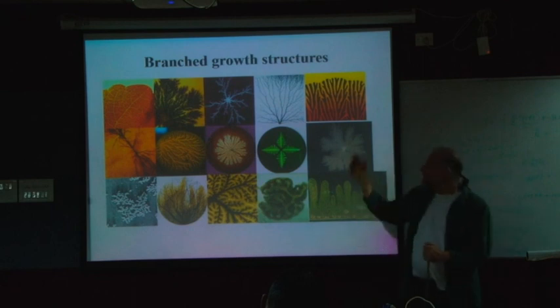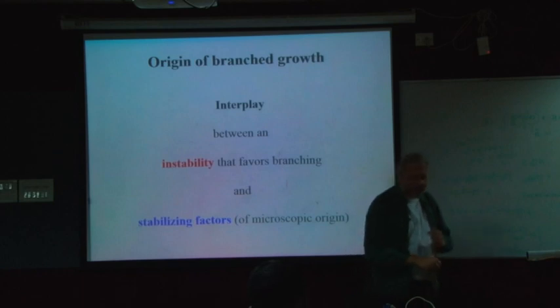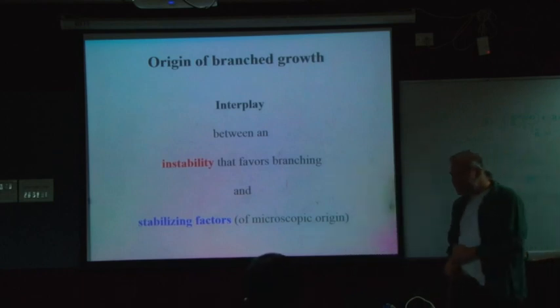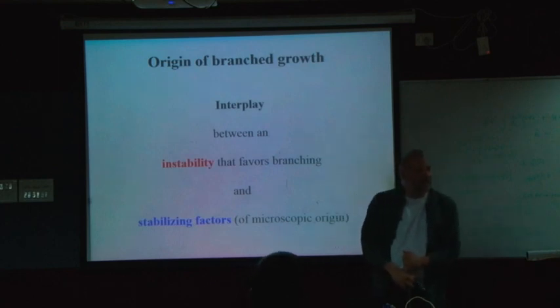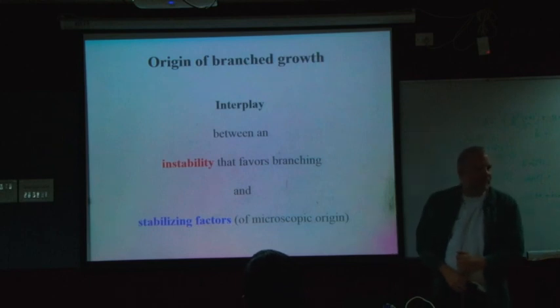If you want to observe such ramified structures, from a very fundamental physical point of view, you always get ramified structure when you have the interplay between an instability that favors branching, and a stabilizing factor that prevents the branches from getting infinitely fine.